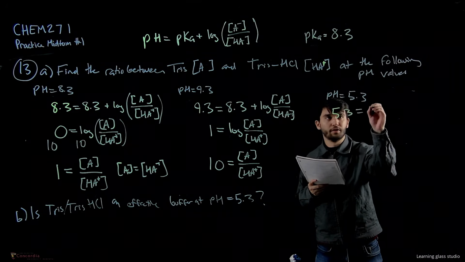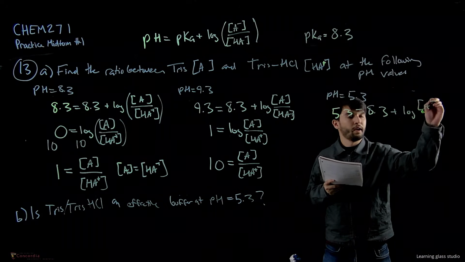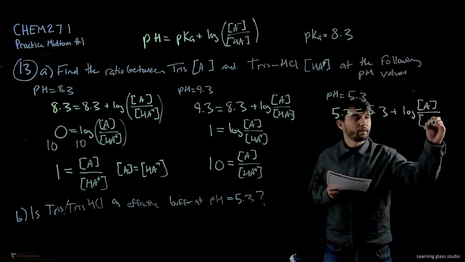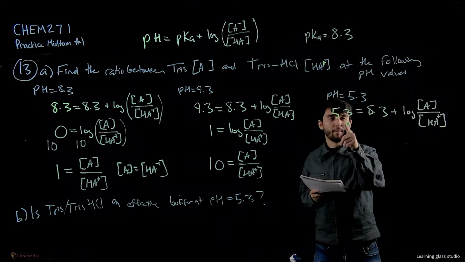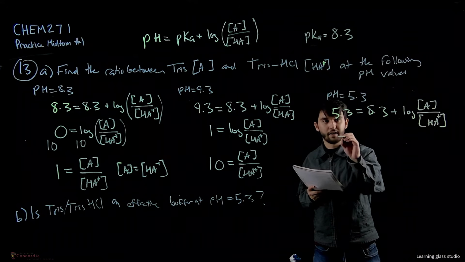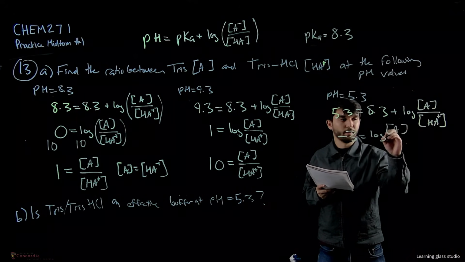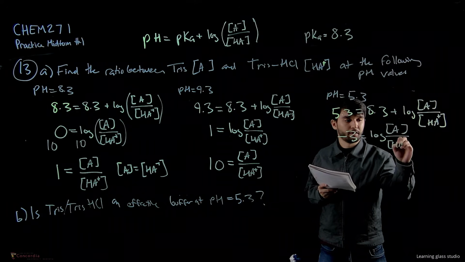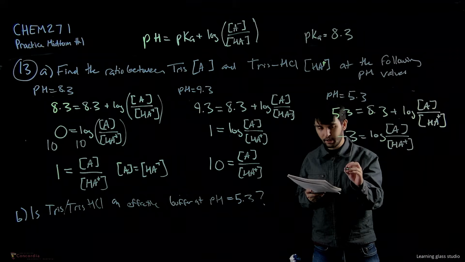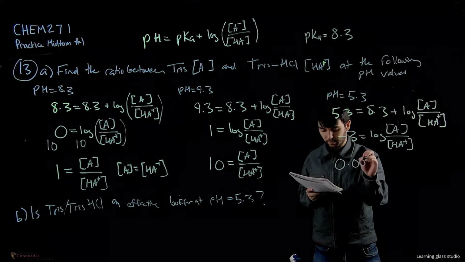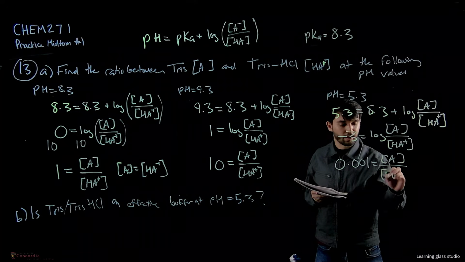Lastly, we are looking at a pH that is more acidic than the pKa. So 5.3 equals 8.3 plus log A over HA plus. We subtract 8.3 from both sides, and we get -3 equals log A over HA plus. Now when we do 10 to the minus 3, we get 0.001 equals A over HA plus.